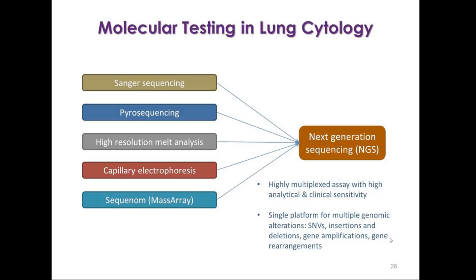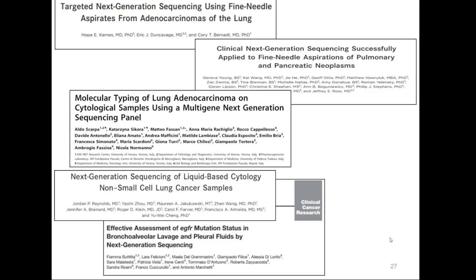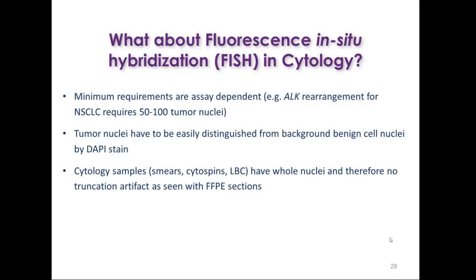You can run one assay, and you can test multiple different alterations from single nucleotide variations, insertion deletions, amplifications, gene rearrangements, all on the same platform. With the advent of next-gen sequencing, multiple institutions have published showing that you can do next-gen sequencing on different kinds of cytology specimens, including smears, as well as liquid-based preparations. Of course, cell blocks were some of the earliest specimens that were shown to be suitable for next-gen sequencing.